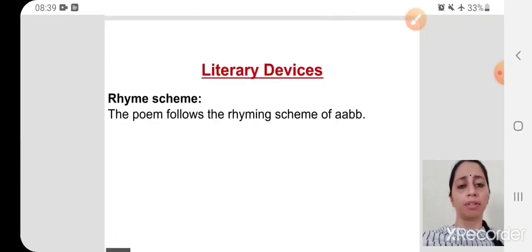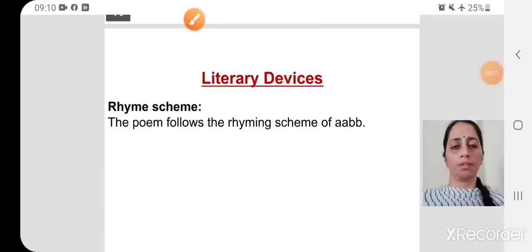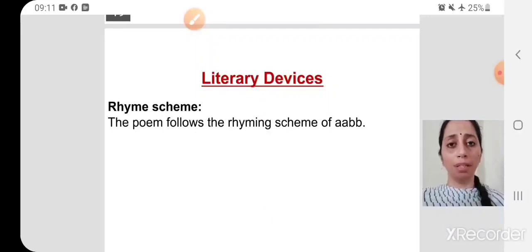Rhyme scheme. So what is rhyme scheme? Basically, rhyme scheme is the pattern of rhymes at the end of each line of a poem or a song. And basically, how do we indicate that? When the words sound similar.